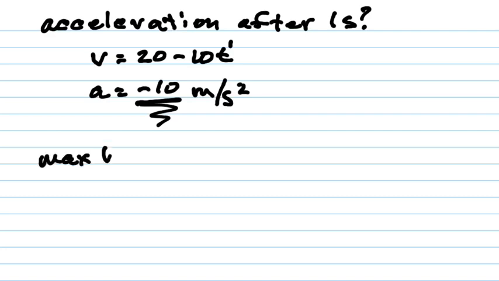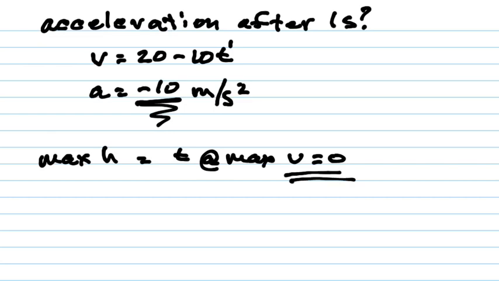So maximum height is equal, we first have to have the time at maximum velocity, which means the velocity equals 0. So first do that part. Do velocity equals 0. What's the first after max height? What's equals after that? T. Okay. There you go. Good.